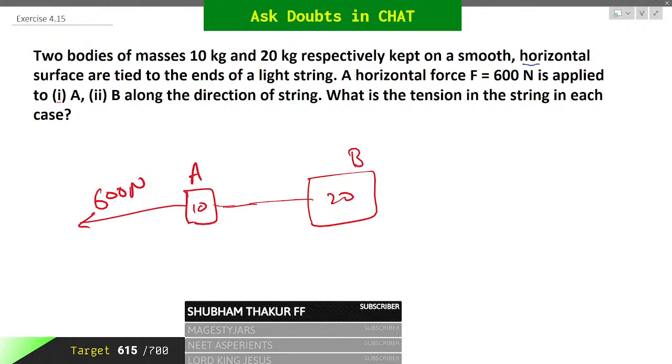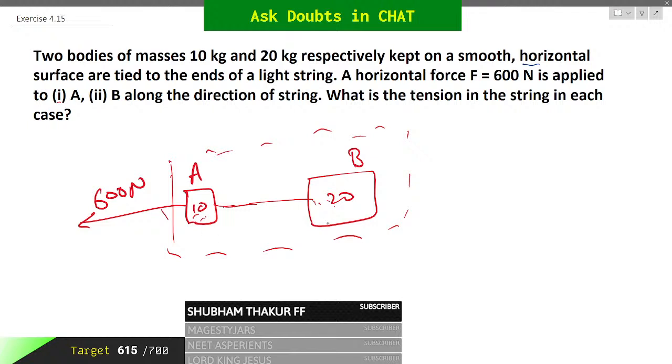So we have to find the tension in the string in each case. Here we see the system of 30 kg, and we can easily calculate the net acceleration of the system, because since it is attached with a string, both the objects will be moving with the same acceleration. When the bodies move with the same acceleration, we can assume them as a system.